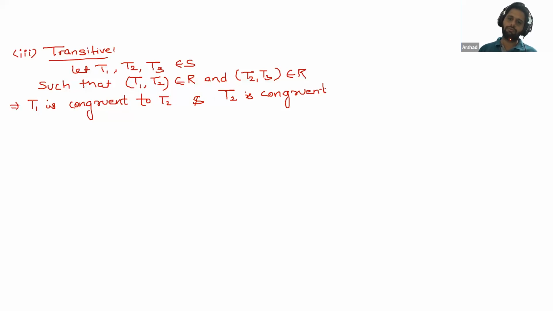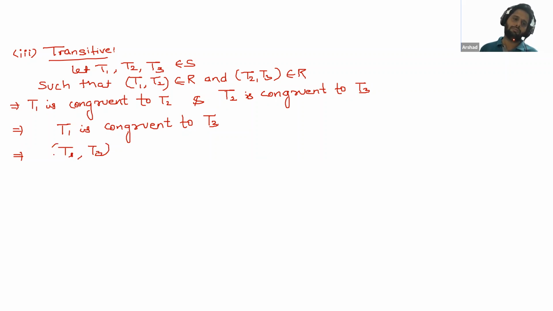So this implies if T1 is congruent to T2 and T2 is congruent to T3, then we can say that T1 is congruent to T3. So this implies T1, T3 belongs to R.